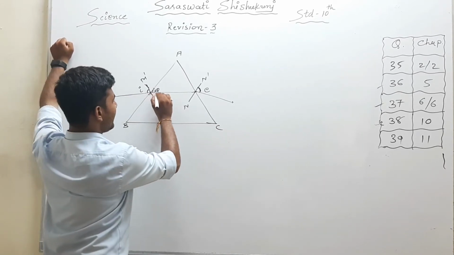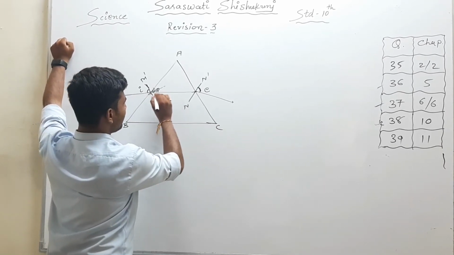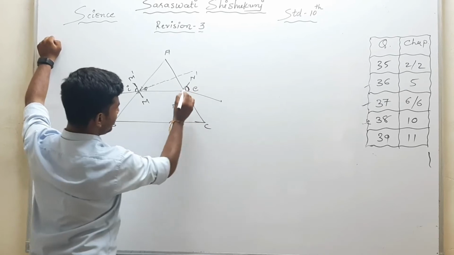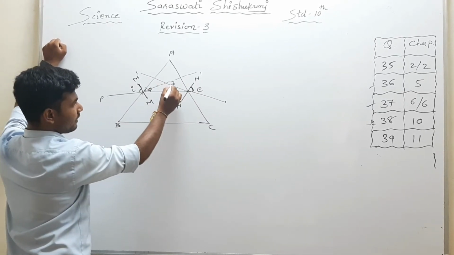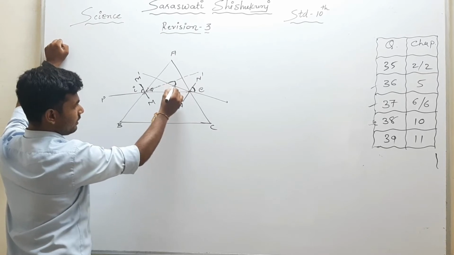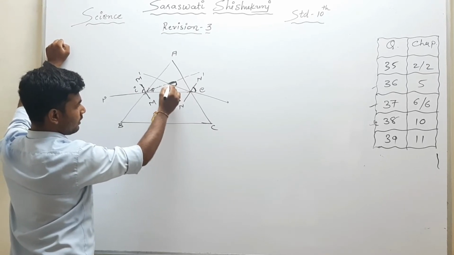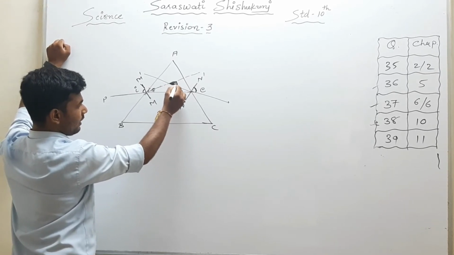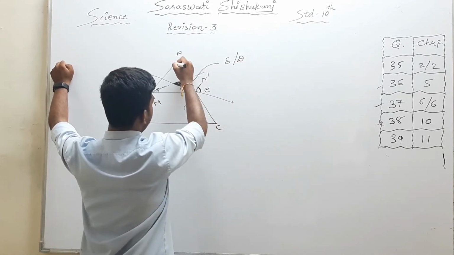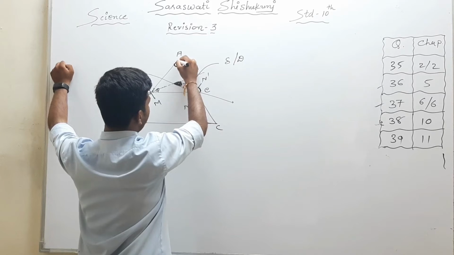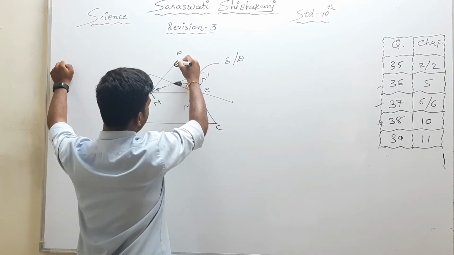Now beta, if we extend these rays like this, the angle which we get here is called our angle of deviation, delta, or it is known as D. This angle A is our prism angle.